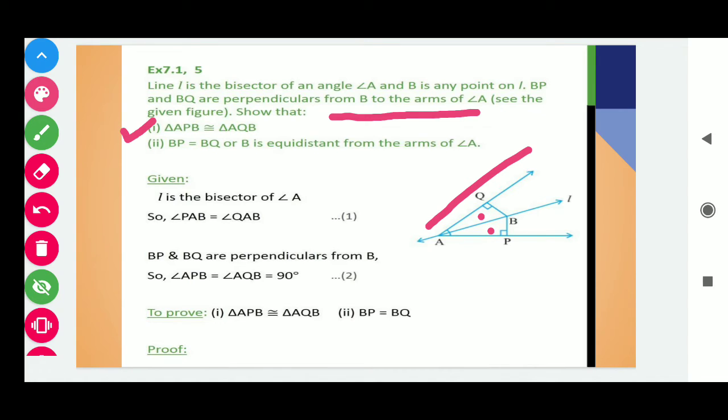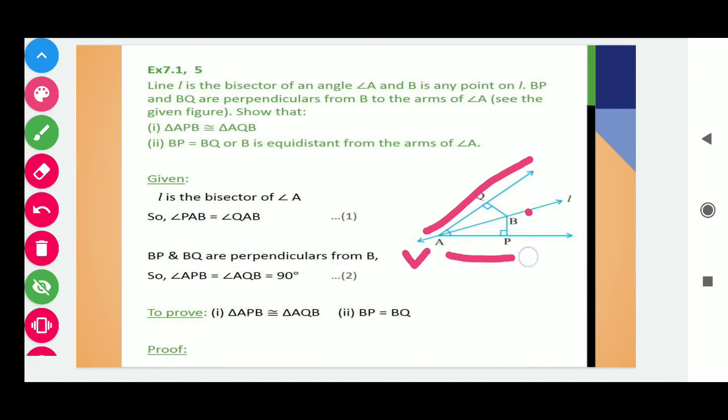For that students, we need to find the three conditions that must be equivalent. And the second one is BP is equal to BQ or B is equidistant from the arms of angle A. Because students, if BP is equal to BQ, then we can also say that B is equidistant from the arms of A, and the arms of A are AQ and AP. So let's start the solution.